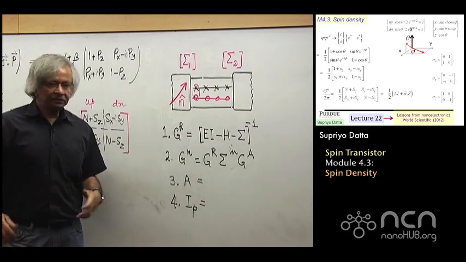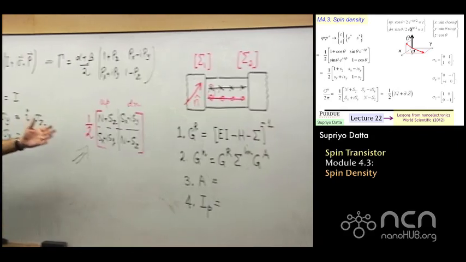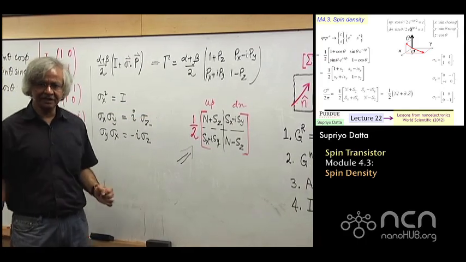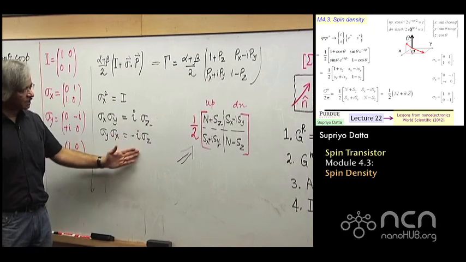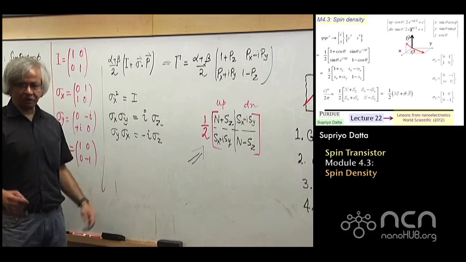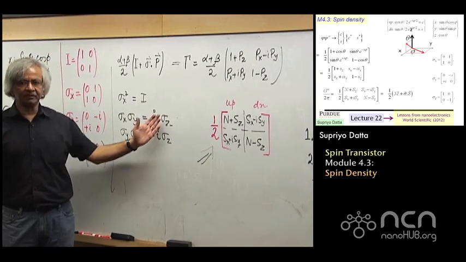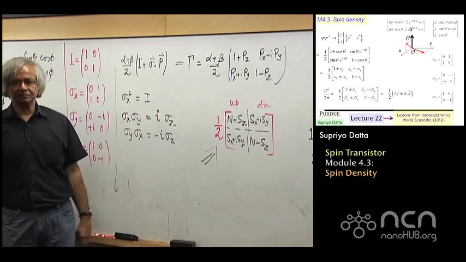Now, that's something I stated earlier, but to see how it would come out of this NEGF method when you multiply these matrices, it's convenient to show it if you are familiar with some of these identities. And that's in one of the homework problems, which we'll be discussing in the tutorial. I'll go through some of these identities that are very useful when dealing with the Pauli spin matrices.